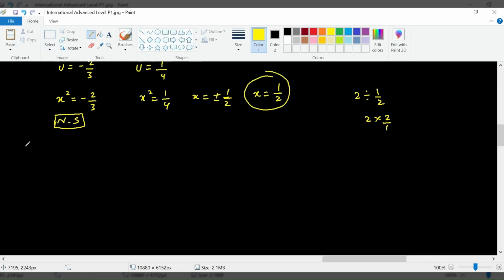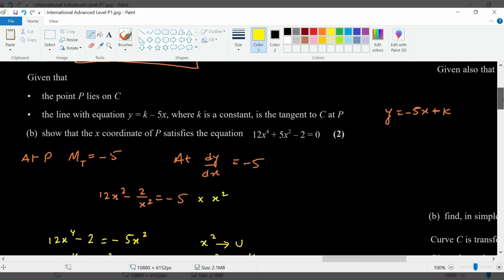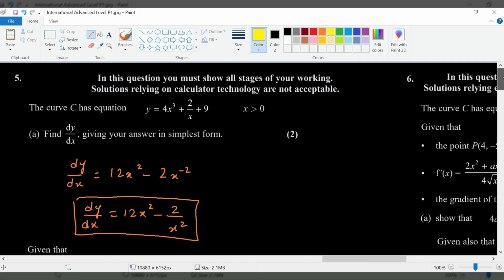Since we know the value of x is 1 over 2, now we will put this into the given equation. The equation is y equals 4x³ plus 2 over x plus 9, as you can see here in the paper itself. This equation we are talking about.